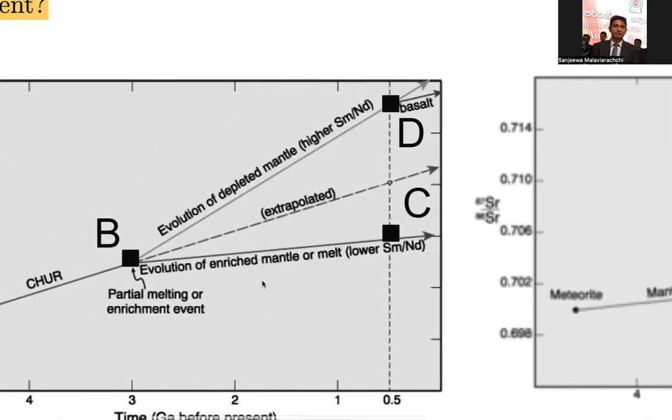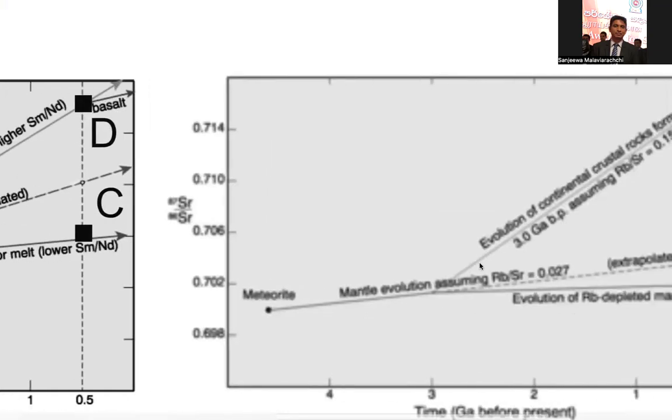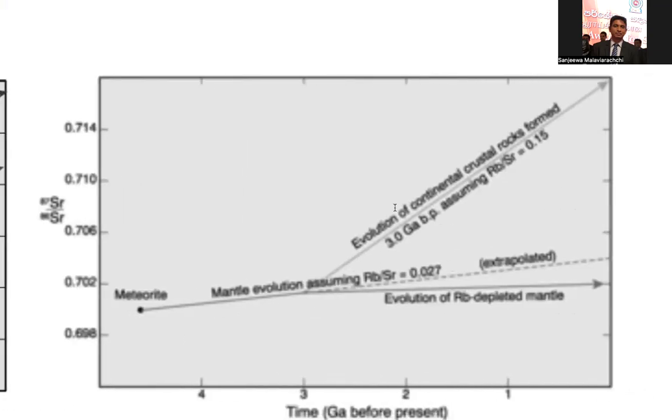Original evolution here, tan theta is lower angle, but here the continental crust after the differentiation around 3 point something Ga, similar to this event timing, at the same time, crust is having high strontium isotope ratio, because it has high rubidium amounts fractionated or partitioned into the crustal composition, into the melt, right?